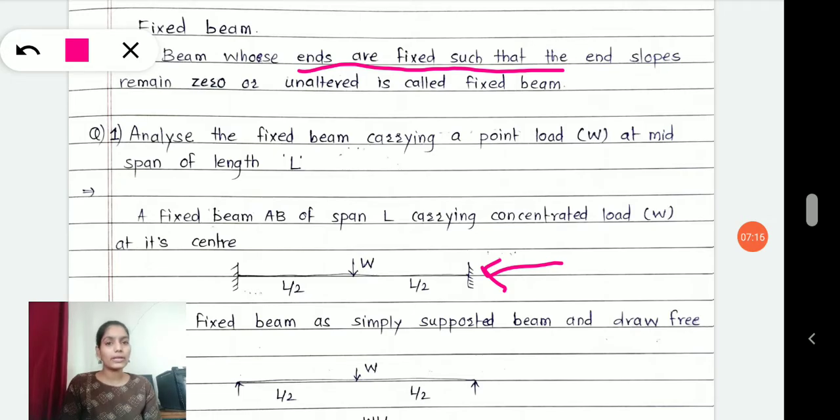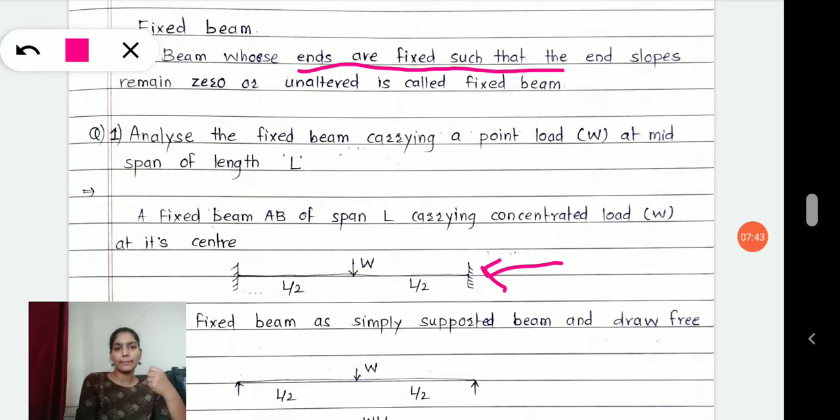That support is not allowing our structure to move horizontally or vertically, and rotation at that place is also restricted. Such fixed ends are provided at the supports, or at the ends of your beam.